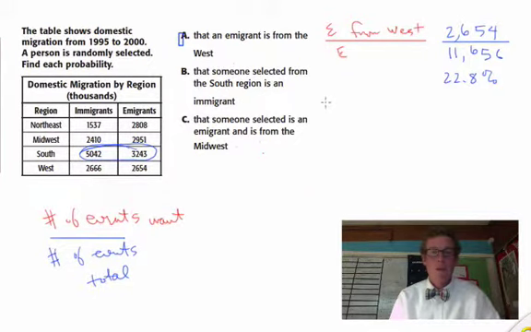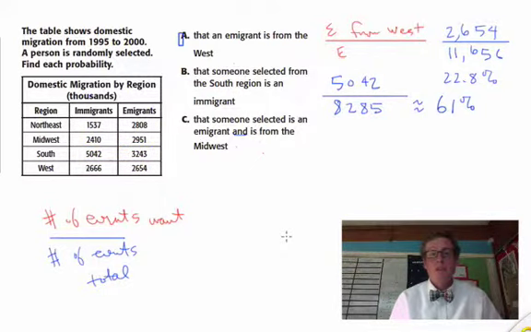So in my denominator, the number that goes down here is 8,285. Okay, and then in the numerator, what I'm looking for is the probability that someone selected from the South region is an immigrant. So I'm specifically interested in that number right there, which ends up being 5,042. When I plug it into my calculator, I end up with a percentage that's about 61%.